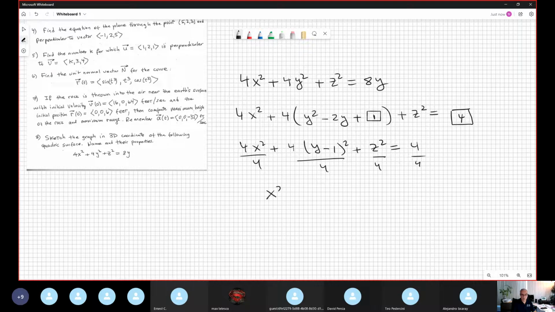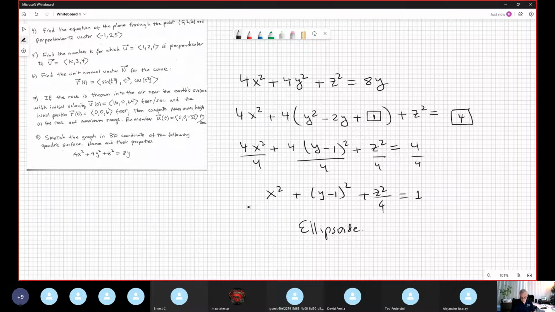So we have x squared plus y minus 1 squared plus z squared over 4 equals 1. Nice. And you see clear like water that this is the ellipsoid, exactly, ellipsoid.